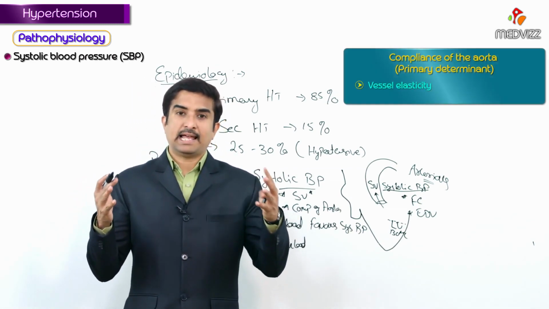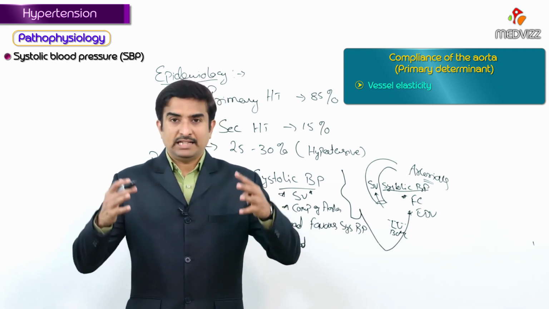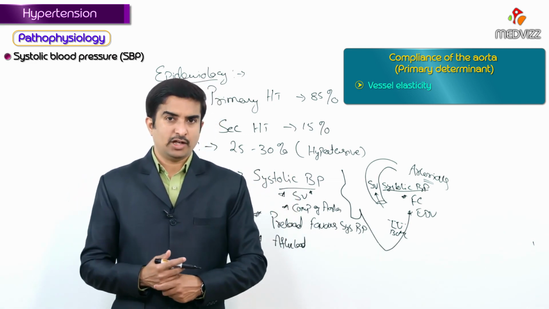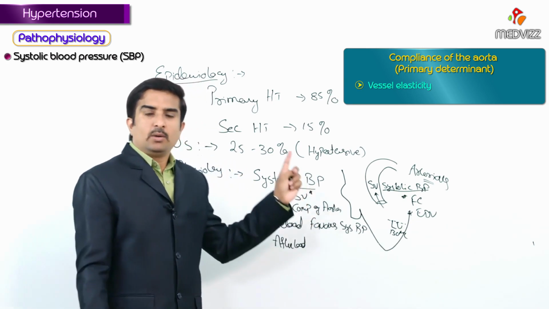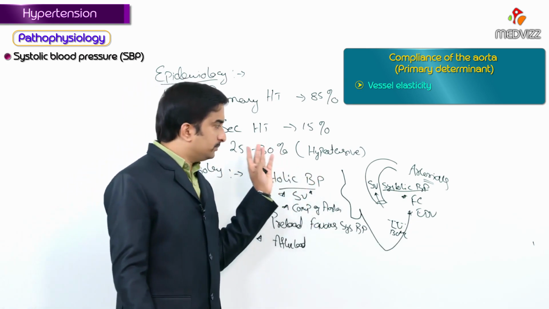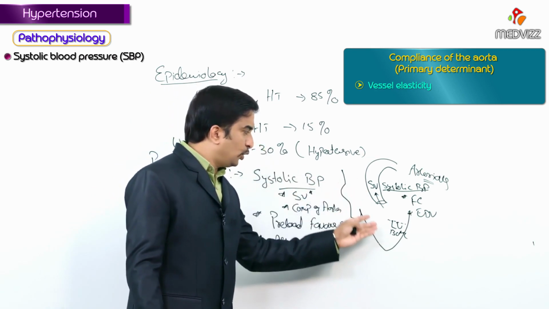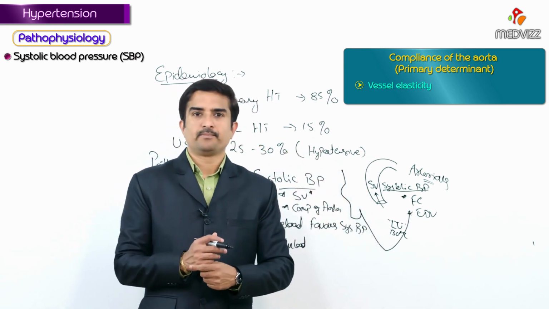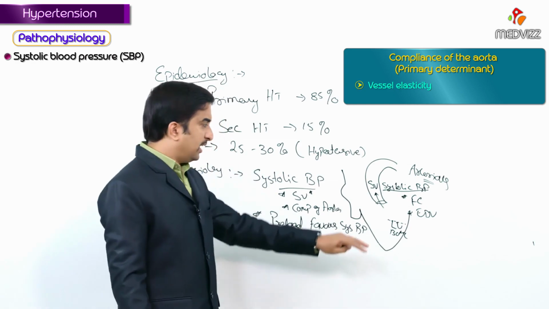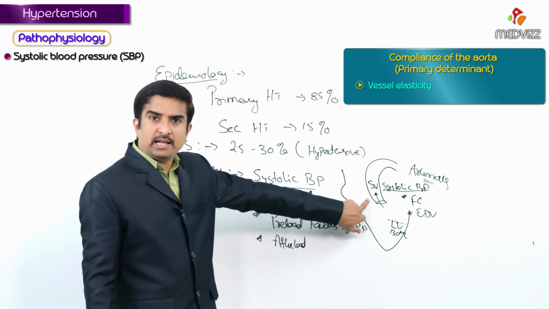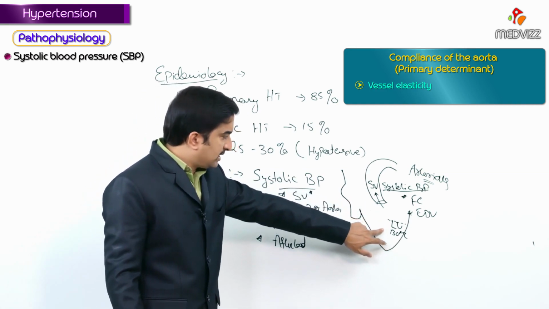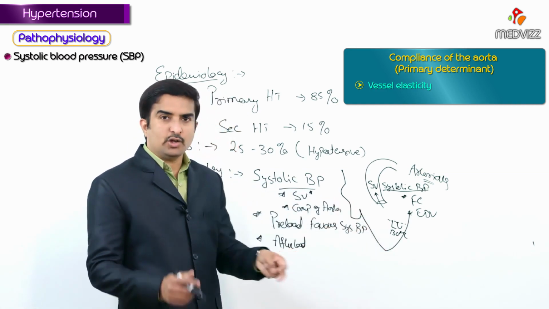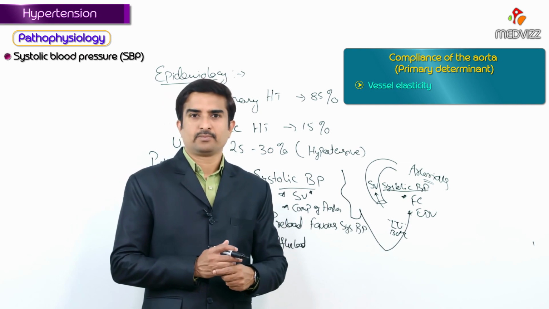That is, the vessel elasticity determines the compliance of the aorta, or the ability of the aorta to expand when the blood is ejected into the aorta from the left ventricle. If there is normal elasticity in the aorta, whenever the blood is ejected from the left ventricle to the aorta, the aorta expands, right?